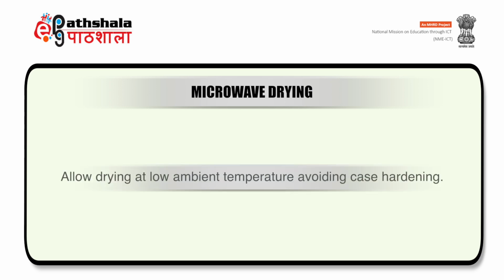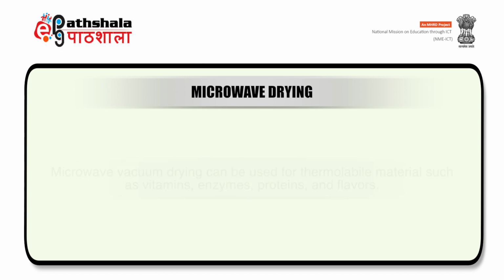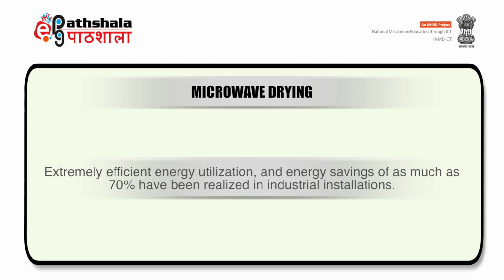So, the advantages of microwave drying are: they allow drying at low ambient temperature, avoiding case hardening. Microwave vacuum drying can be used for thermolabile materials such as vitamins, enzymes, proteins and flavors. Extremely efficient energy utilization and energy saving as much as 70% have been realized in industrial installations by use of microwave drying.